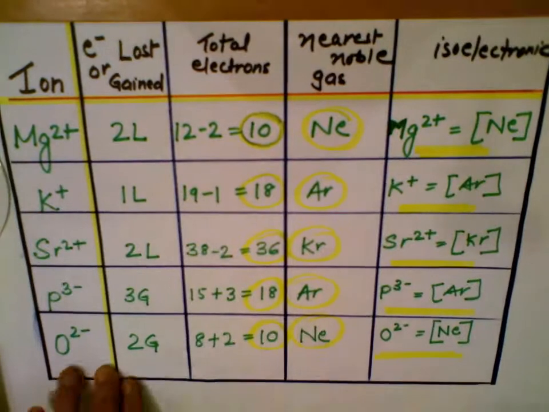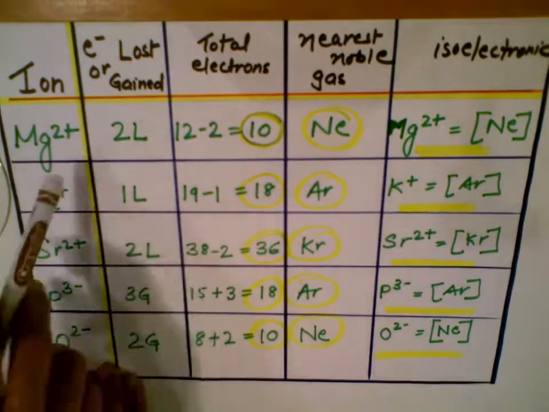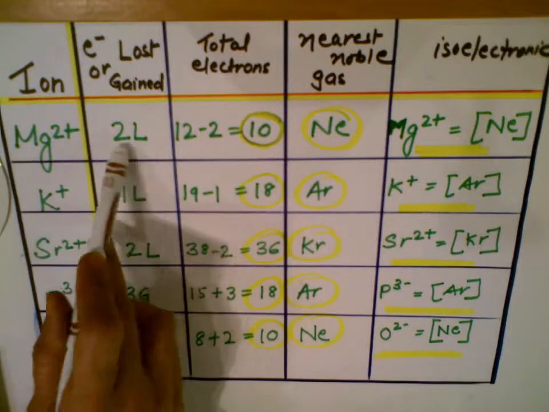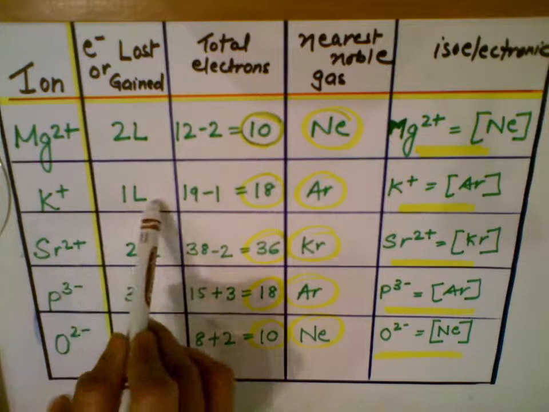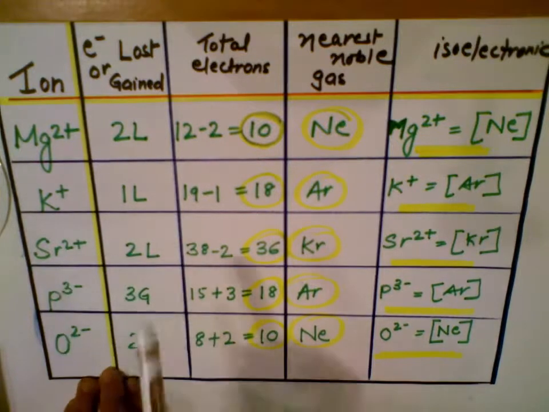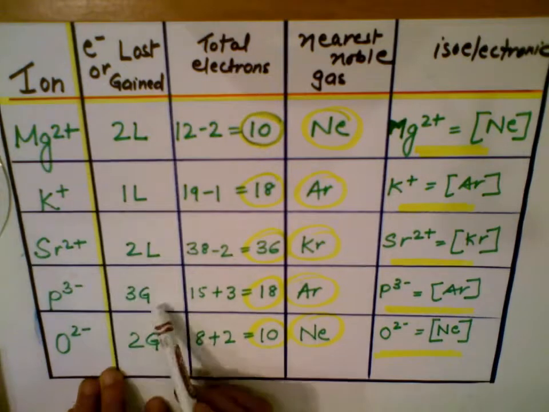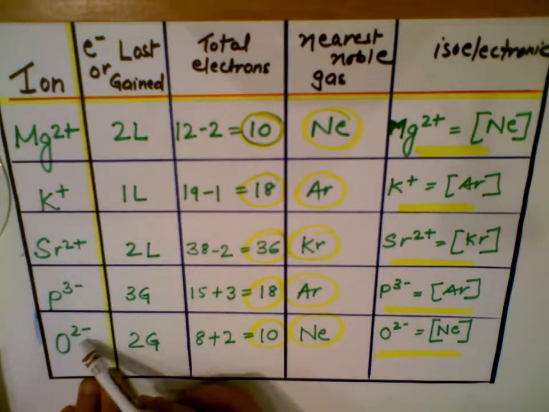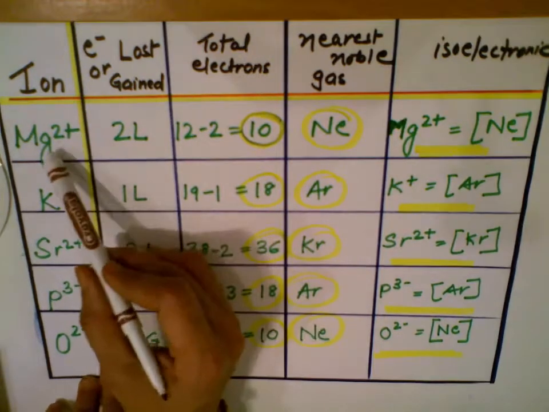Since it is a 2 plus ion, 2 plus meaning the parent atom magnesium has lost 2 electrons and it became an ion. Here it is 1 plus, so 1 lost, 2 plus means 2 electrons lost, 3 negative means 3 electrons gained, 3 gain, 2 minus means 2 electrons gained, so 2 gain. Now the parent atom, this is an ion.